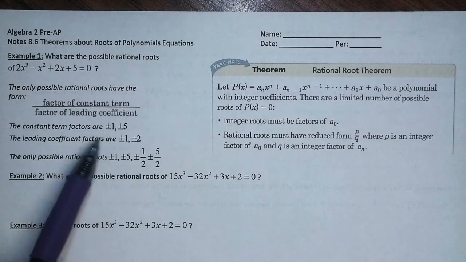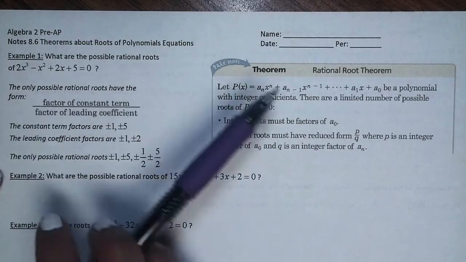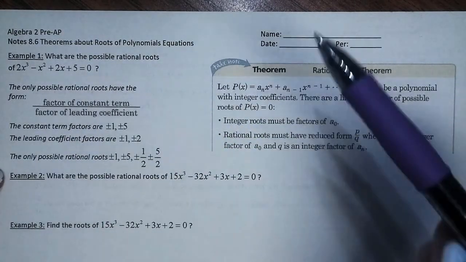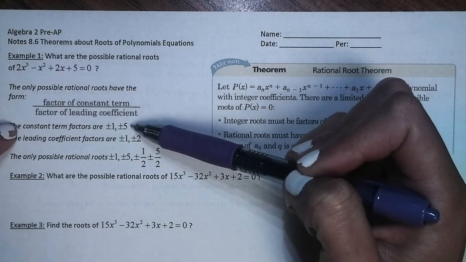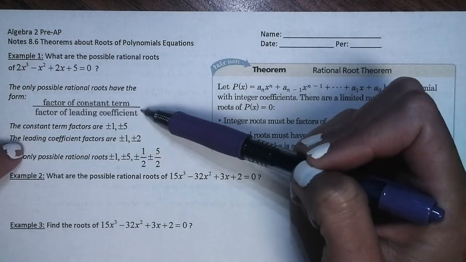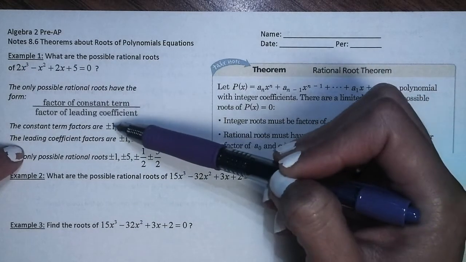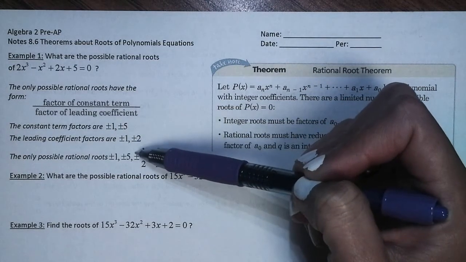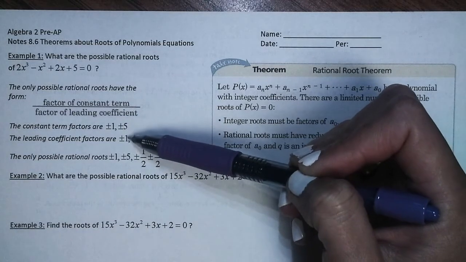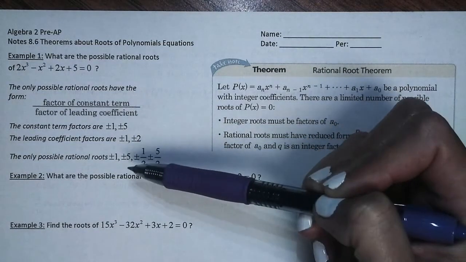And then the possible rational roots for this example, based on the rational root theorem, you're going to take the factors of the constant, so 1 and 5, and you're going to divide them by the factors of the leading coefficient. So that means you take plus or minus 1 and plus or minus 5, and you will divide it by 1. So that's how I got this plus minus 1, plus minus 5.